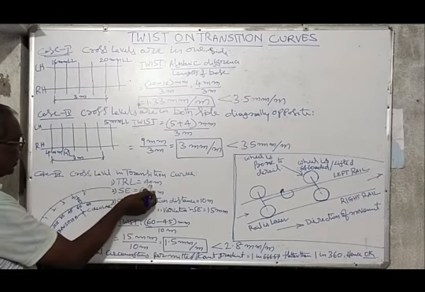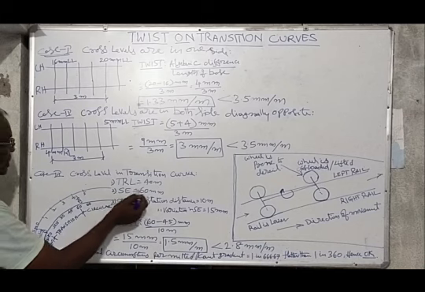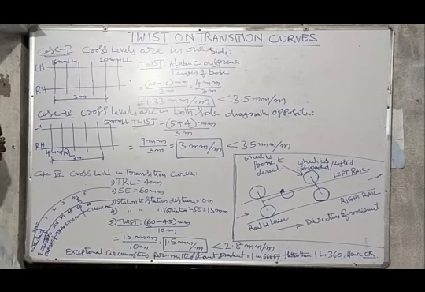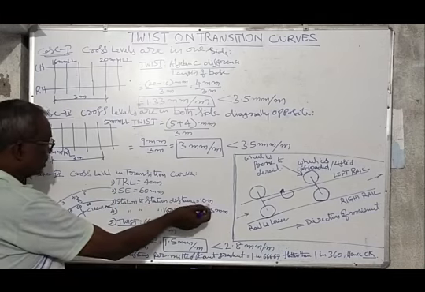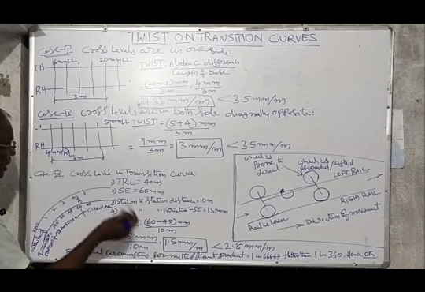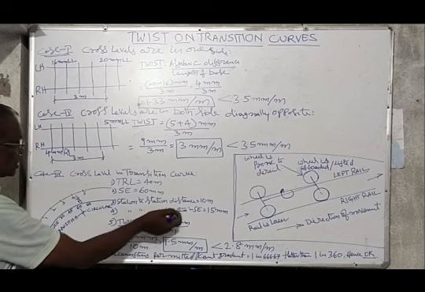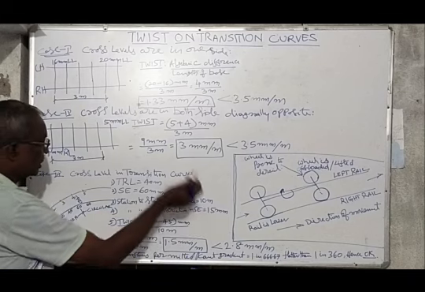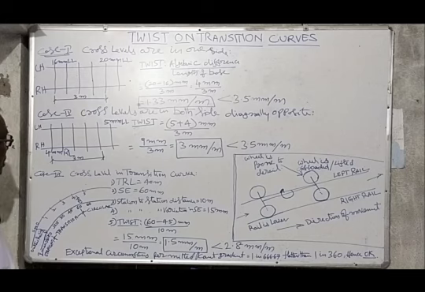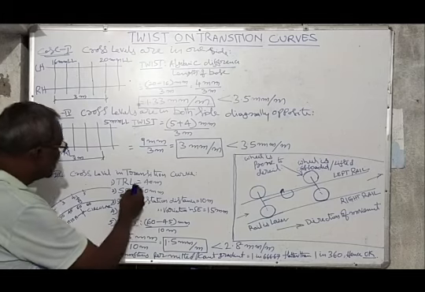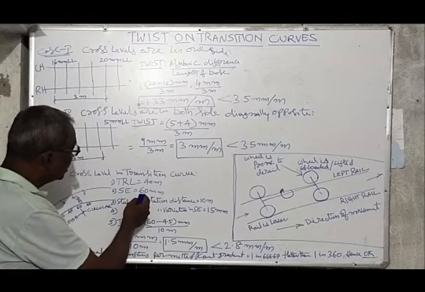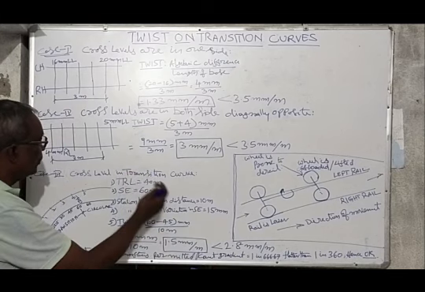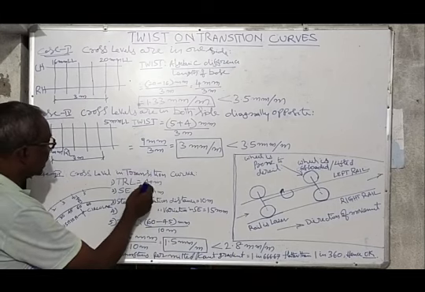Length of transition 40 meter, superelevation 60 mm, station to station distance 10 meter. So automatically station to station variation of superelevation is 15 mm. So that means this 60 mm is to be distributed within a distance of 40 meters.